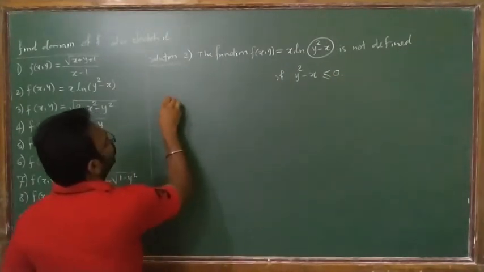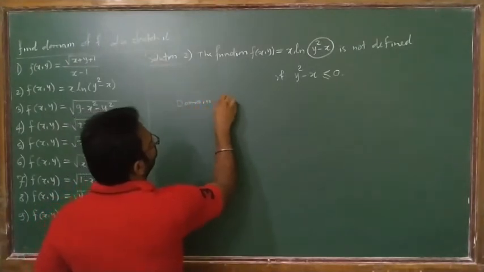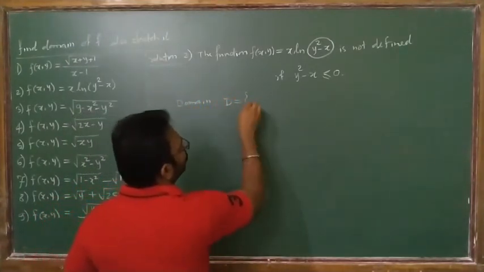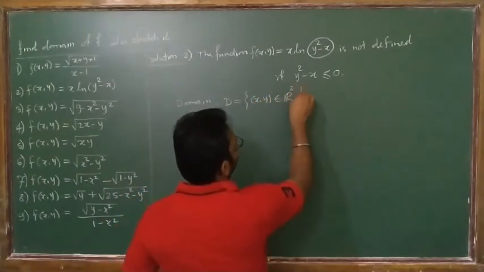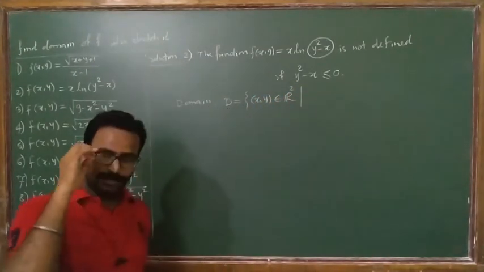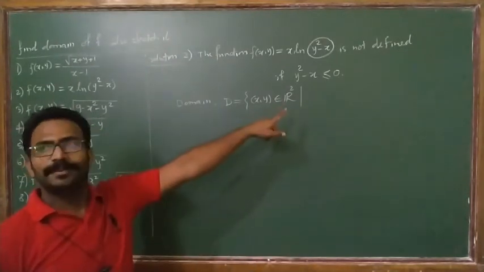so what should be the domain? It should be the collection of ordered pairs from R2 for which this should not be the case.